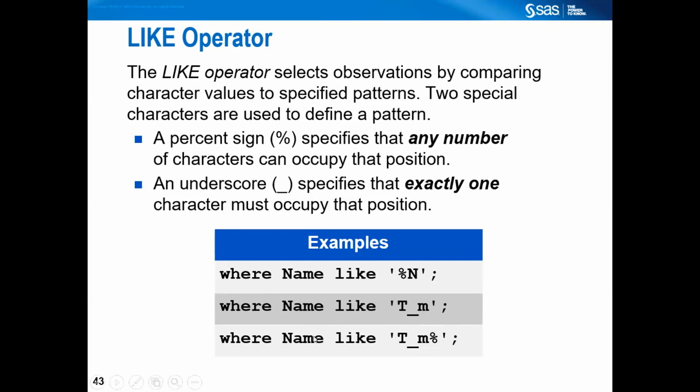And what does this mean: T followed by one character, small m, and after m, any number of characters. This will select values like Tommy, Timmy. Percent indicates any number of characters after m. Is this clear?